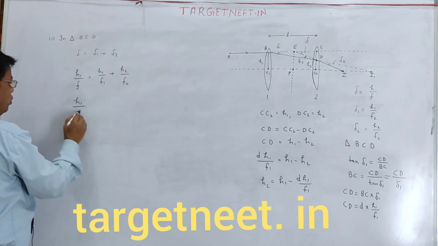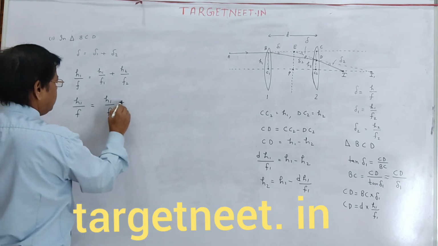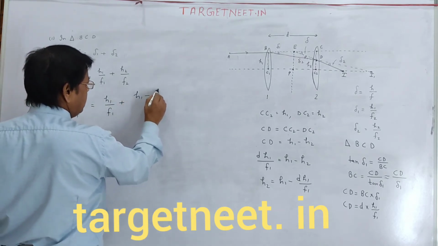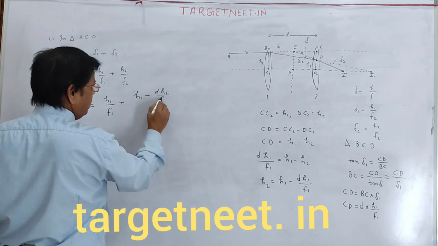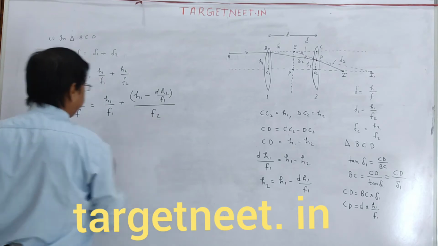Now I am putting the value of H2 in this expression. So H1 upon F is H1 upon F1 plus H2, that is H1 minus dH1 upon F1, whole divided by F2.